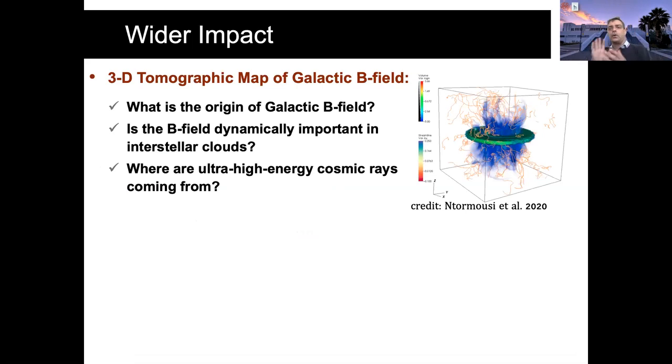So, although PASIPHAE science is driven by the hunt for B modes, its impact will actually be very wide. First of all, the three-dimensional tomographic map of the galactic magnetic field direction by itself will revolutionize our ability to approach questions like what is the origin of the galactic magnetic field, or is the magnetic field dynamically important in interstellar clouds, or even what is the origin of ultra-high energy cosmic rays.